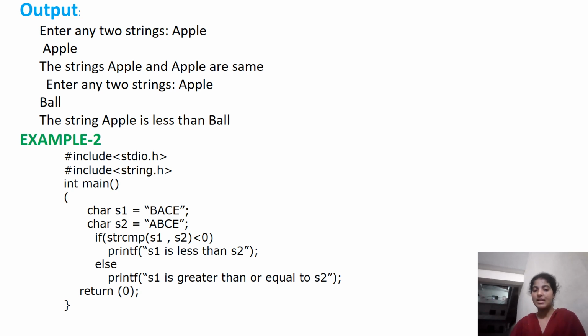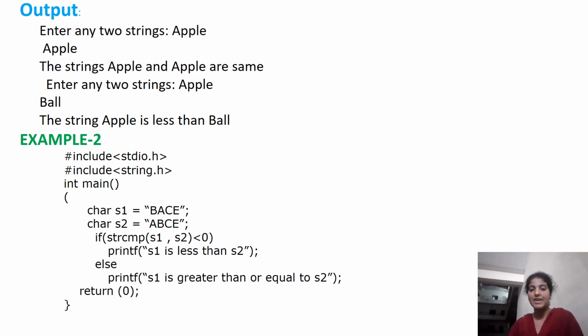Here we used header files and the int main function. And here we take char as a data type and string names as S1 and S2, and we assign values to S1 and S2 in a static way. In the if block, we used the string comparison function between S1 and S2.